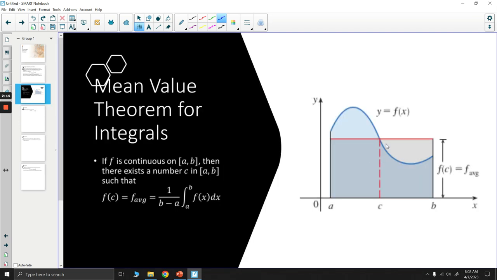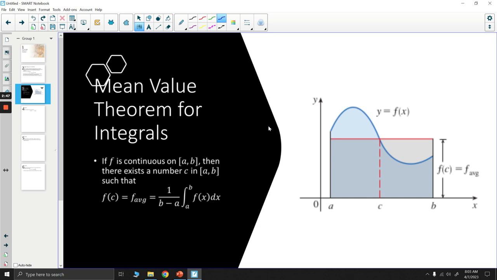And so this is what I mean by that: essentially we take the area of the function and divide it by its width to basically create a rectangle that has the same area as the function, but it's been reshaped to be just this rectangle. Okay. And so we have this mean value theorem for integrals, much like our mean value theorem of calculus.